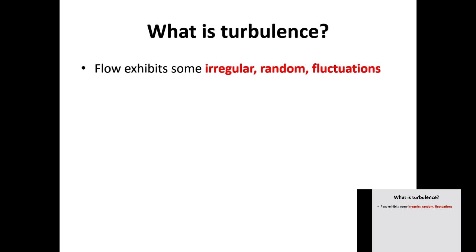Turbulence happens because of two things. One is the velocity of the flow, and the other is the eddy formation. Eddy formation is due to the viscosity of the fluid. If the fluid is not viscous at all, there won't be eddies forming.